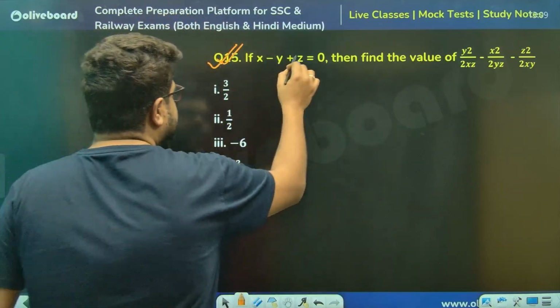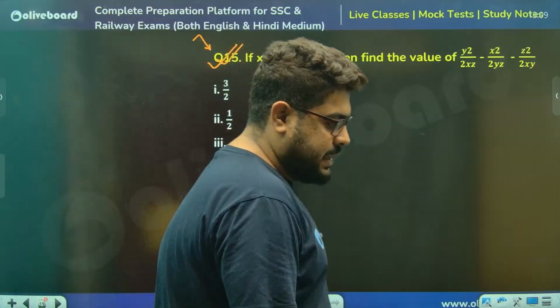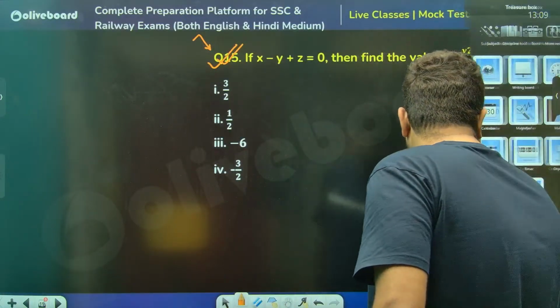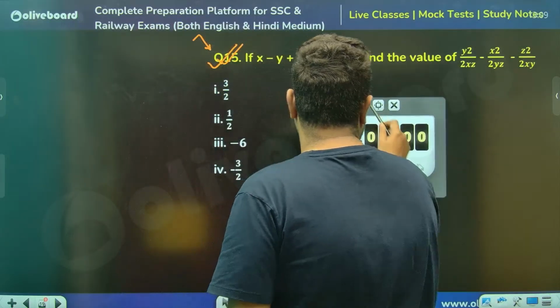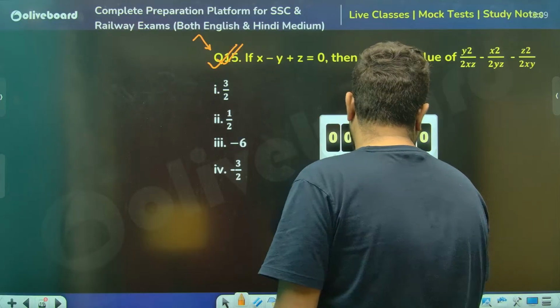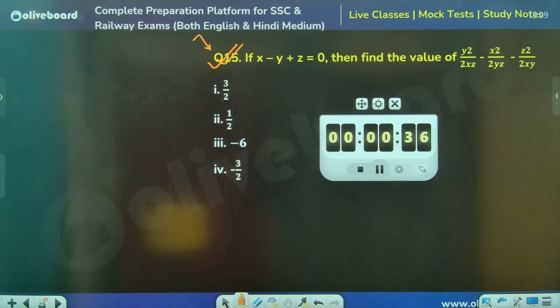So this will be our next question. Again, it is a PYQ from CGL. Let's try, sir. I'll give you guys 40 seconds. Honestly speaking, you should not take 40 seconds, but I am giving you 40 seconds. Chalo sir, jaldi se banao. Your 40 seconds is counting on.